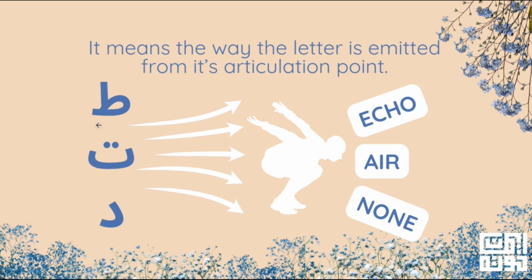And we took as example the letter ta, ta, and dal. The three letters exit from the same place. Let's imagine this person representing those three letters. They exit from the same place, but each one has a way of exiting different than the other.